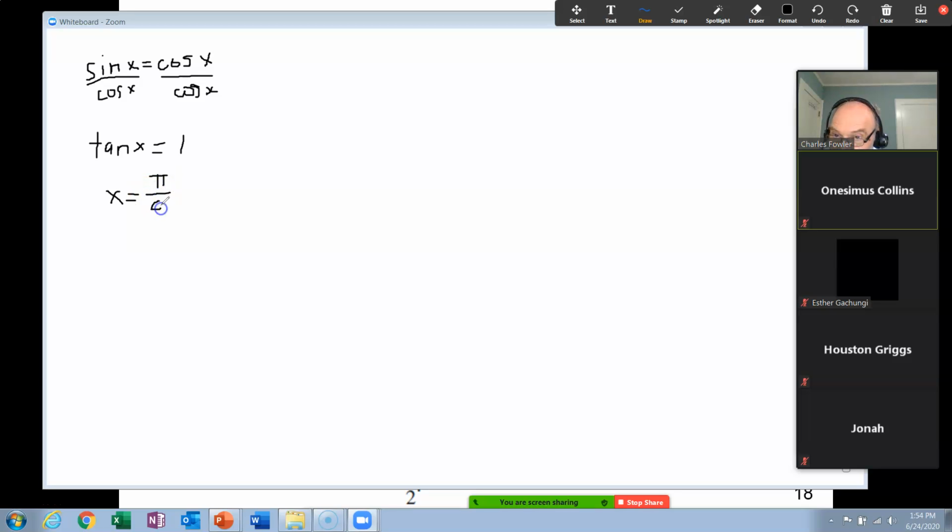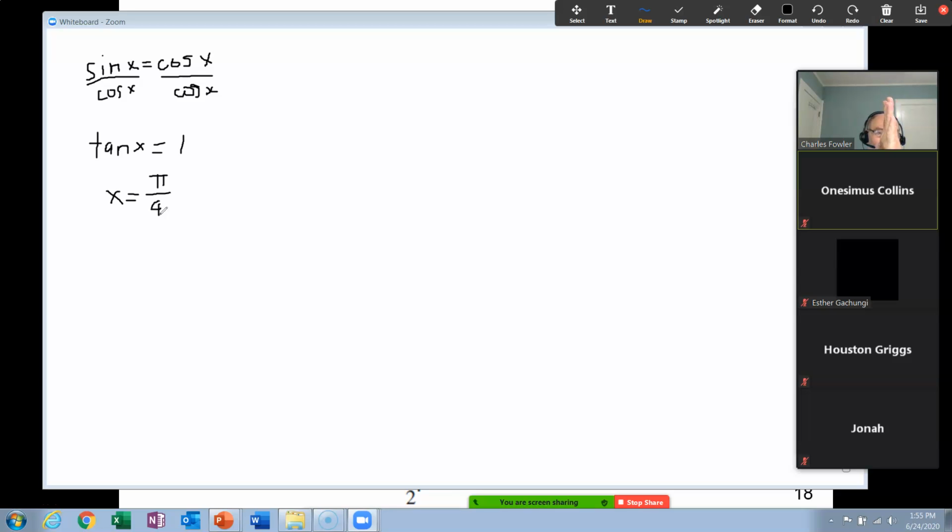Now, if you picture the tangent x curve, it starts at negative infinity near negative pi halves, goes up to 0 at 0, then crosses 1 at pi quarters, and then goes to positive infinity. Where's the next time that's going to happen? It went to positive infinity at pi halves, and that's where it picks up again.